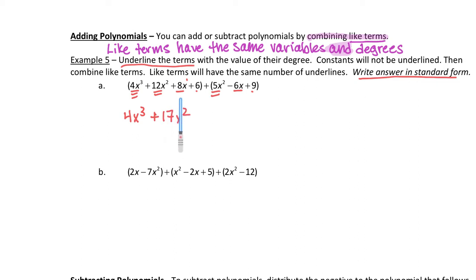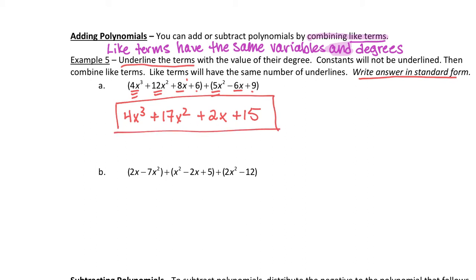The next one, we've got 8x with a single line, minus 6x, and that will give me 2x. Then with my constants, my dots, I've got 6 plus 9, and that's 15. And we're done here.